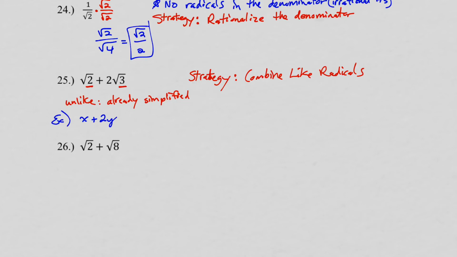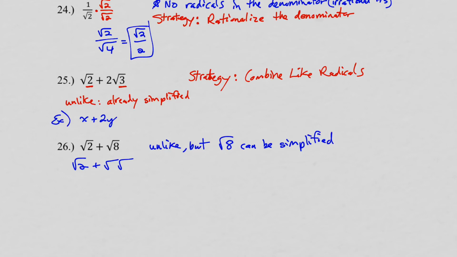But for number 26, again, we see unlike radicals, but the radical 8 can be simplified. And hopefully, from this simplification, we get the same radicals. Hopefully a radical 2. All right? So let's go ahead and break this up using the product rule.